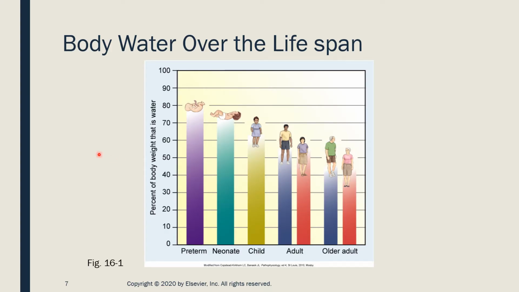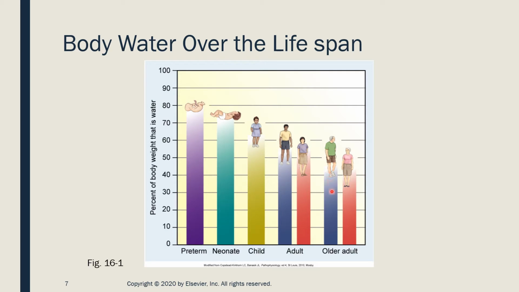Now, just an introduction: over the lifespan, from preterm, the percentage of body weight that is water is 80% for preterm. For neonates, it will be about 70 to 75%. For a child, it will be up to 70% or more. For an adult, it will be about 60% for male, and for women about 50% up to 60%.